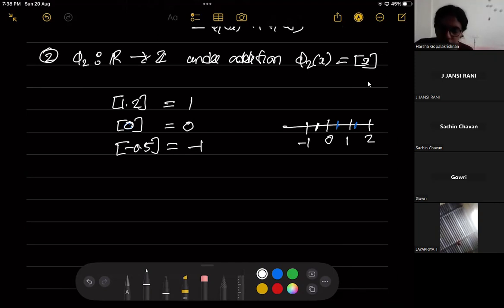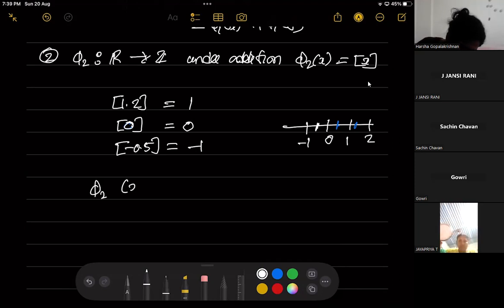So the condition we need to prove here is phi2 of x plus y equal to, well, we don't know whether it is true or not. If it is true, it is a homomorphism.